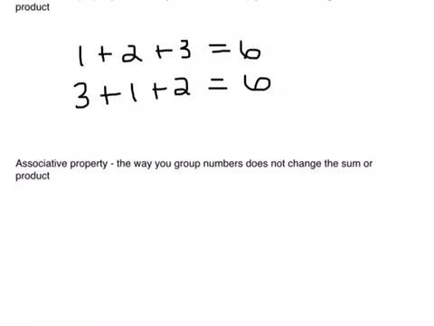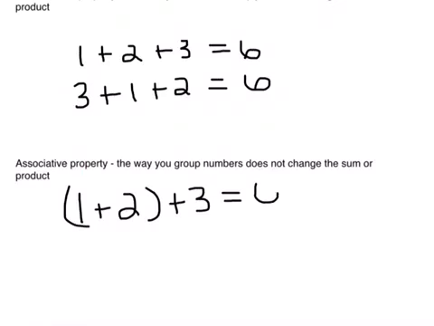The associative property states that the way in which you group numbers does not change the sum or product. So let's take the same first example. If we group the 1 and the 2 together, this will still give us an answer of 6.